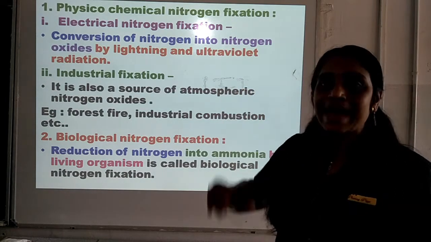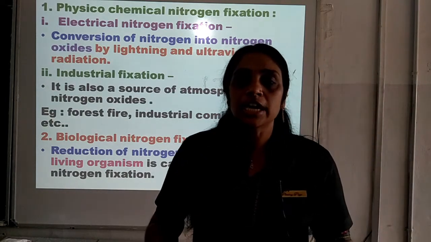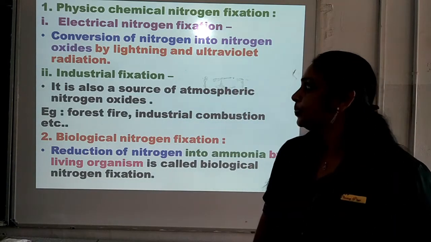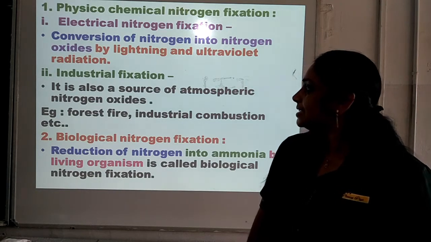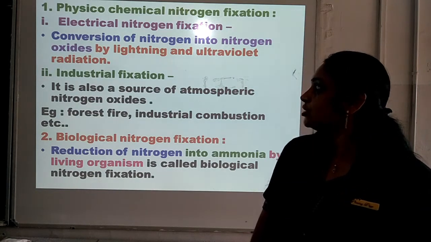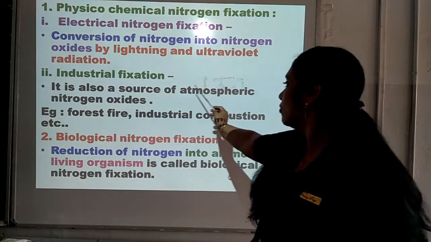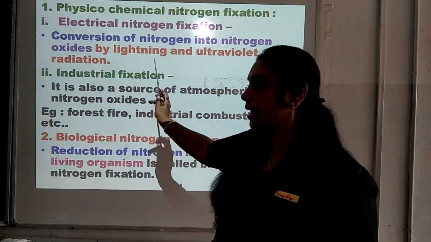This is the natural process through which atmospheric nitrogen is fixed in the soil. And number 2 is industrial fixation. In the case of industrial fixation, it is also a source of atmospheric nitrogen oxide.